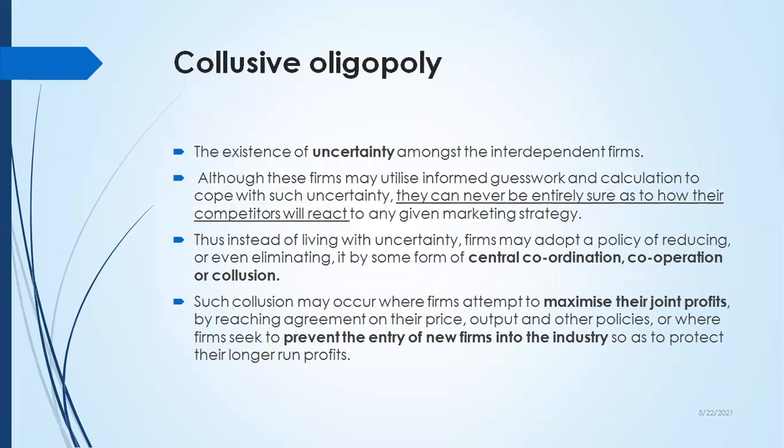Here, I'm going to talk about two theories regarding oligopoly price and output decisions. First, collusive oligopoly.